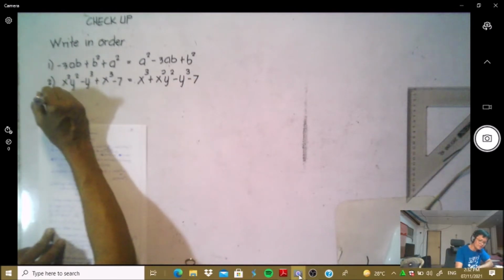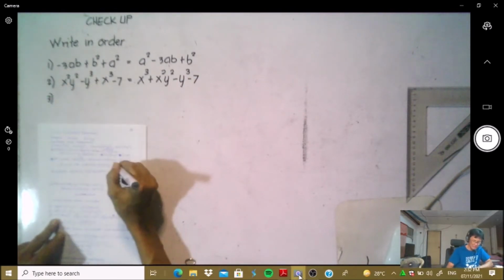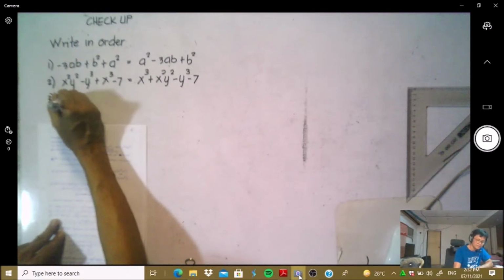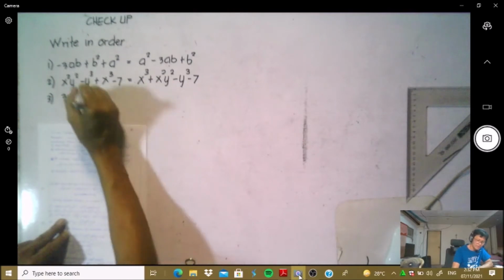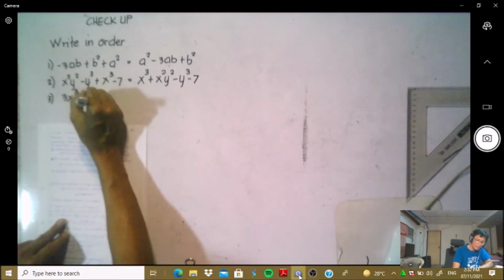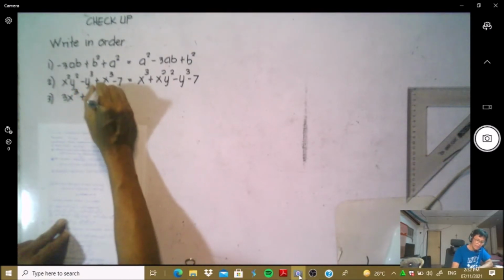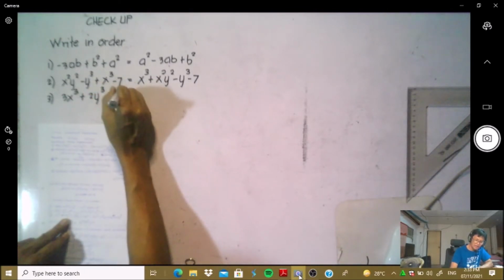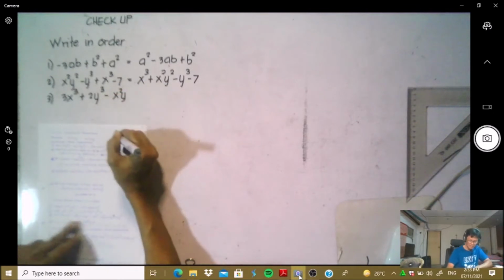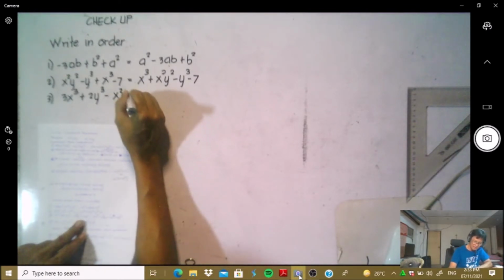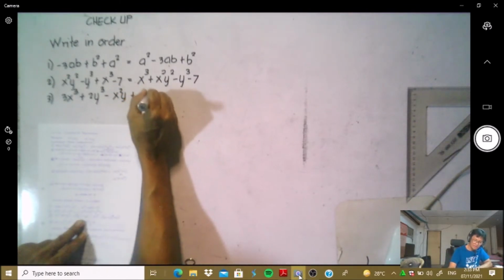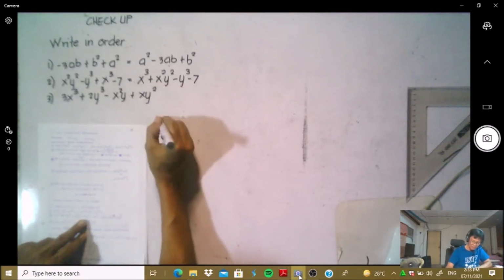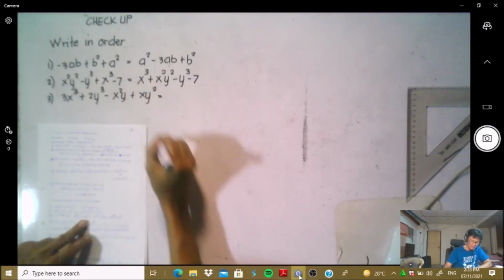Okay, for number 3, we have 3x cubed plus 2y cubed minus x squared y plus xy squared, and therefore we have to start with x cubed.